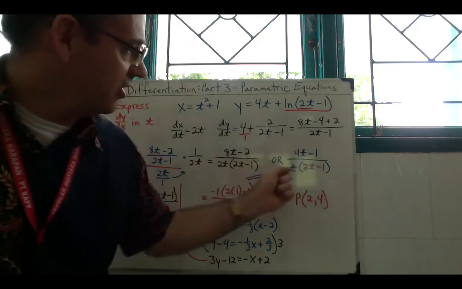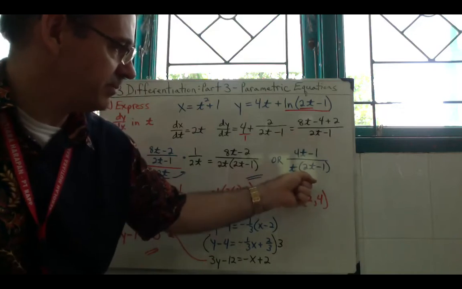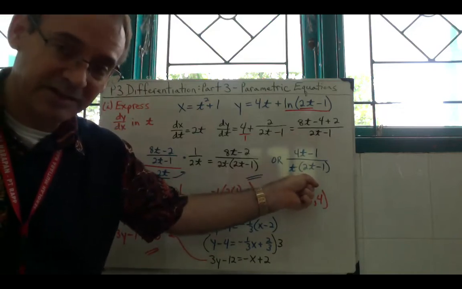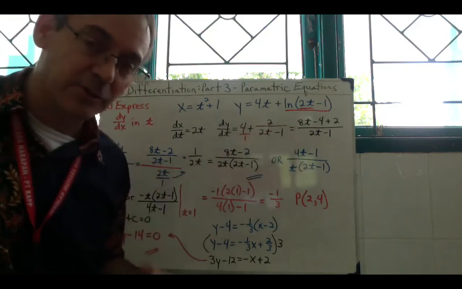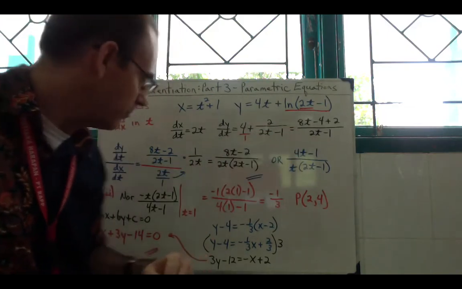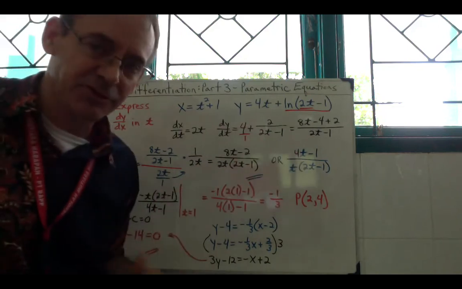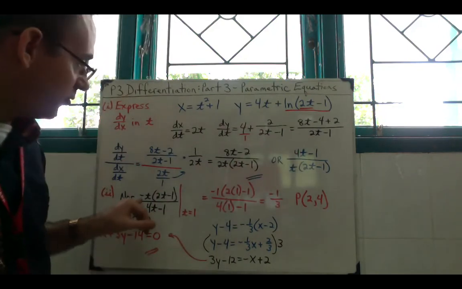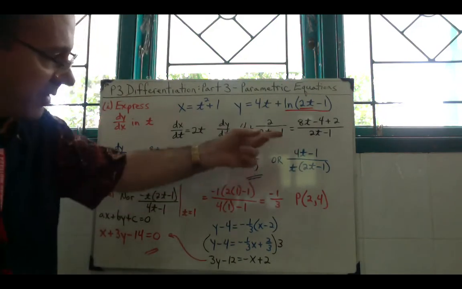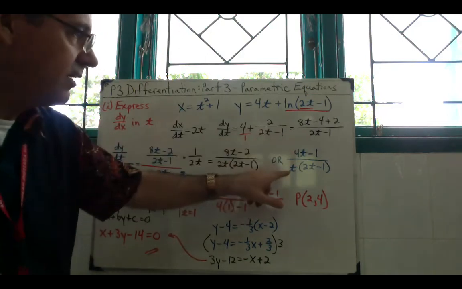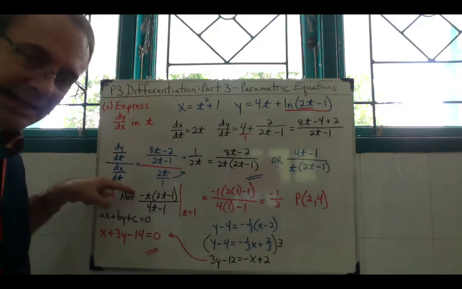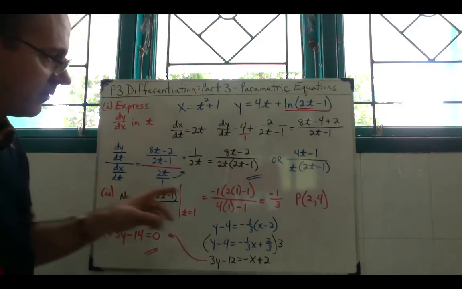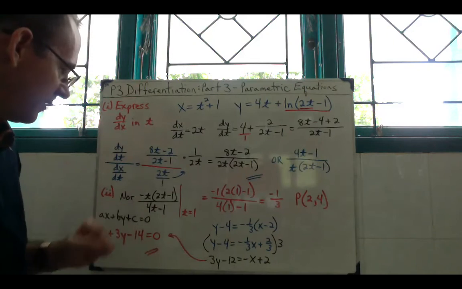So if this is our slope at the point on the curve, it means it would have the same slope as the tangent line. So the normal is going to be the negative reciprocal because it's perpendicular. Normal is perpendicular to the graph. So we do the negative reciprocal, meaning you flip it over. So the 2t minus 1 goes on top, and we negate it, the negative reciprocal, and then the 4t minus 1 goes on the bottom.